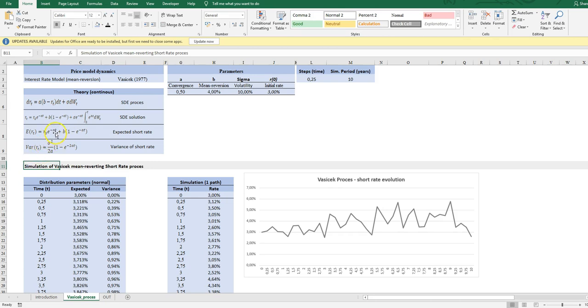If t goes to infinity, this expression goes to 0. If t goes to infinity, here this expression goes to 0, so we have left an expected value in the very, very long run at b, corresponding to the mean reversion.